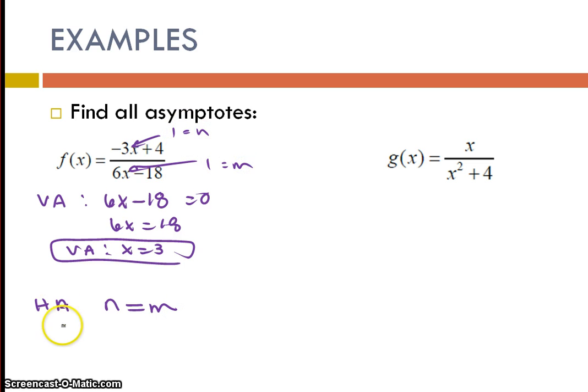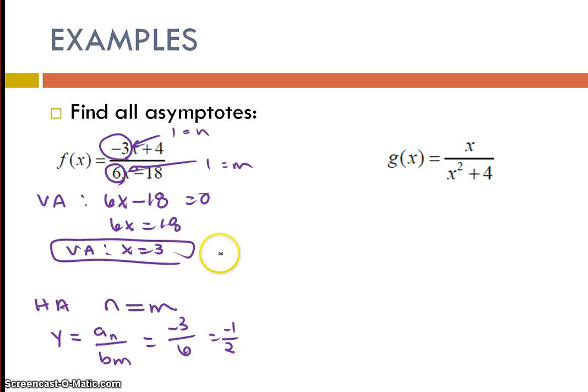The degrees are the same, so y equals the ratio of the leading coefficients, a sub n over b sub m. So minus 3 over 6, which is minus 1/2. So we have a horizontal asymptote at y equals negative 1/2. So those are all the asymptotes.